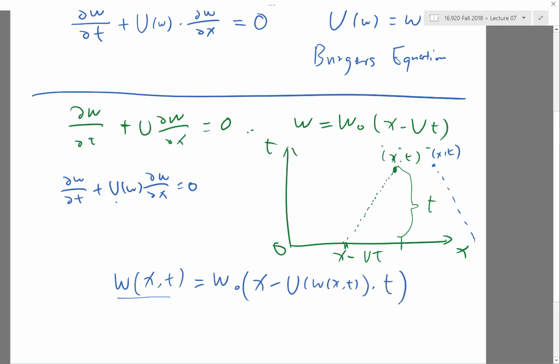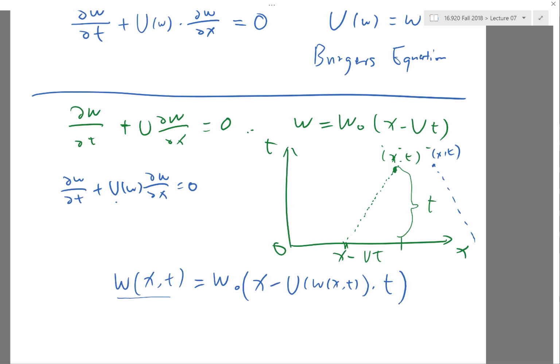times t, right? Of course this is not an explicit formula for you to evaluate, because the right hand side actually contains the left hand side, right? So you need a nonlinear solver to solve this equation, because the equation is nonlinear.